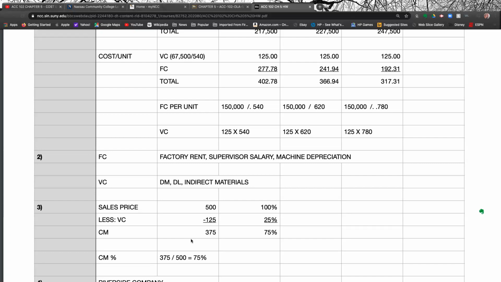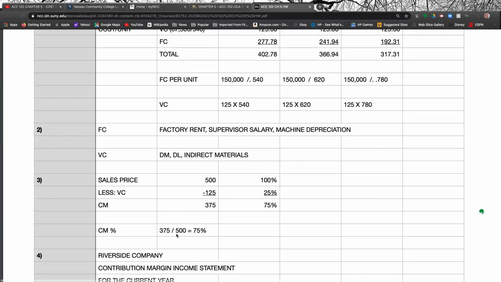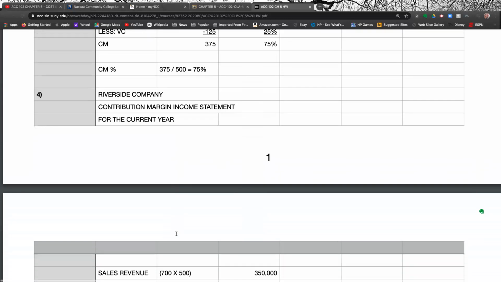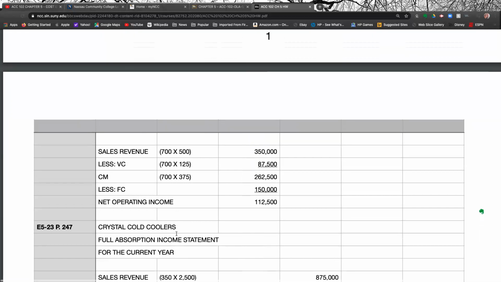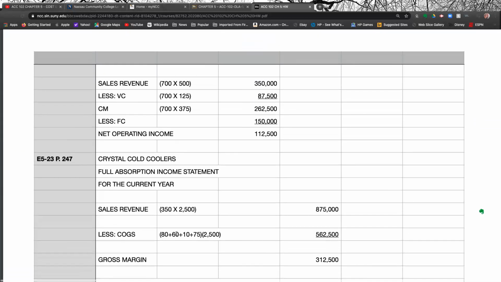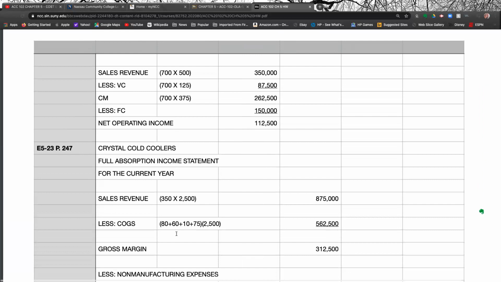Part 4, next year they expect to sell 700 canoes. What would that income statement look like? So if they sell 700 canoes at $500 each, that's sales revenue of $350,000.